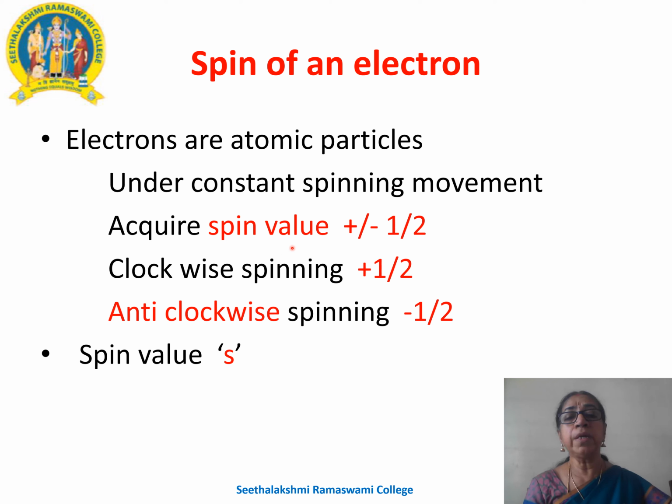The value may be plus half or minus half. During clockwise spinning, they acquire the spin value of plus half, and during anti-clockwise spinning, they acquire the spin value of minus half. Spin value of an electron is represented by the symbol small s.